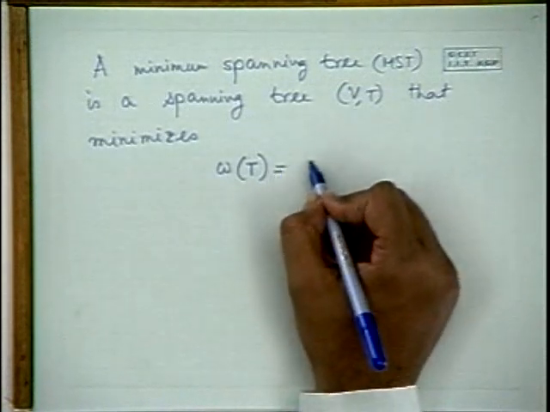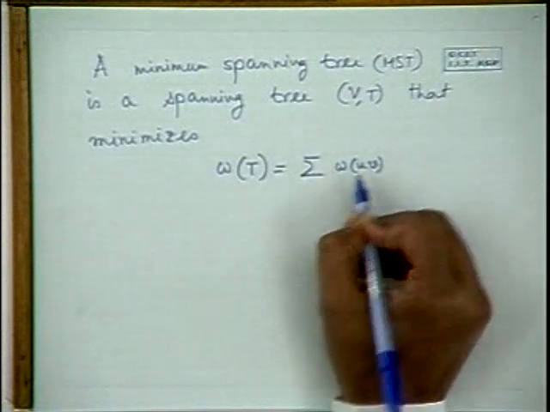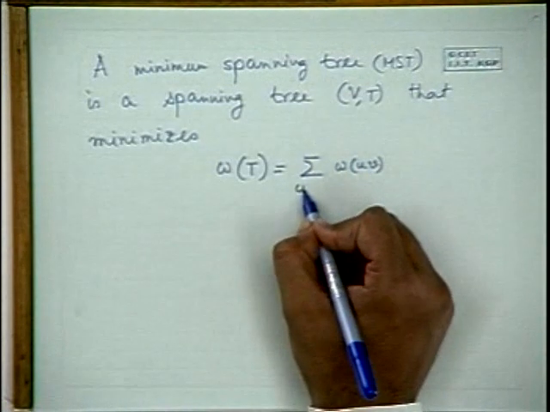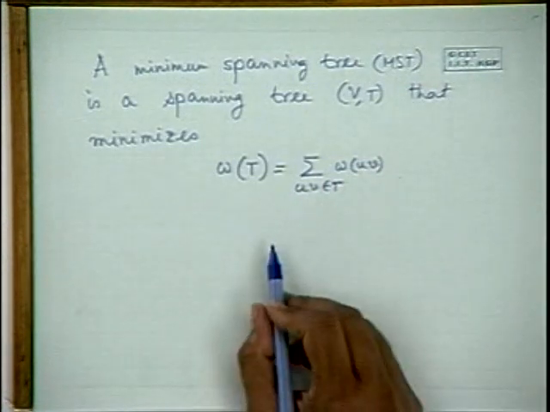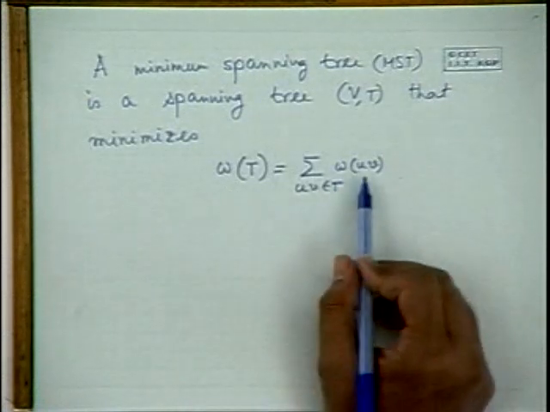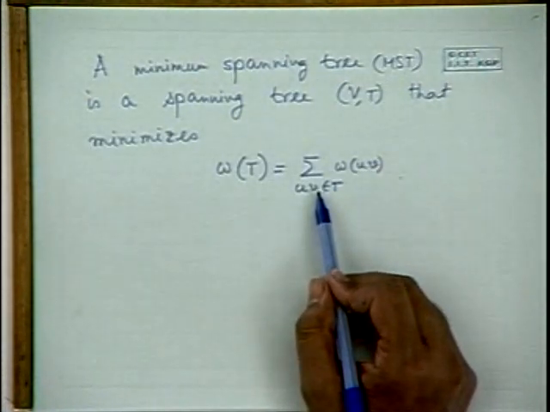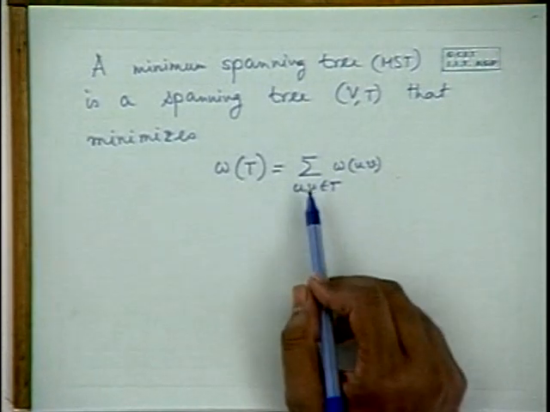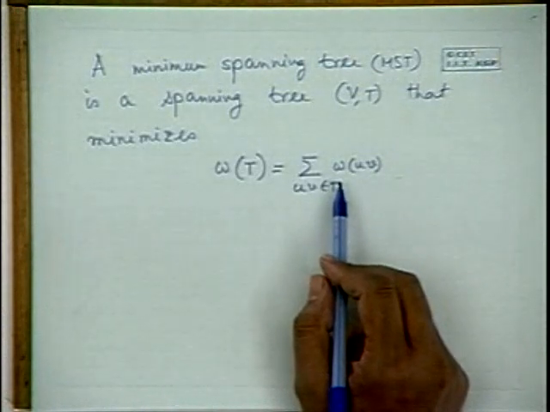It is basically the summation of all edge weights w(u, v), where (u, v) belongs to T. So you take a spanning tree, its weight is nothing but the summation of all its edges. And what is a minimum spanning tree? It is that spanning tree which has the minimum weight among all possible spanning trees.